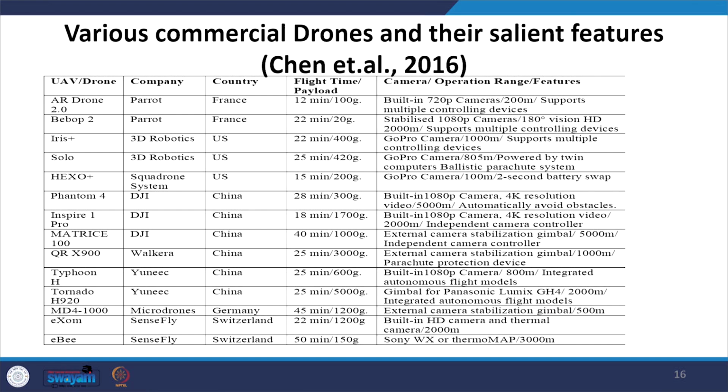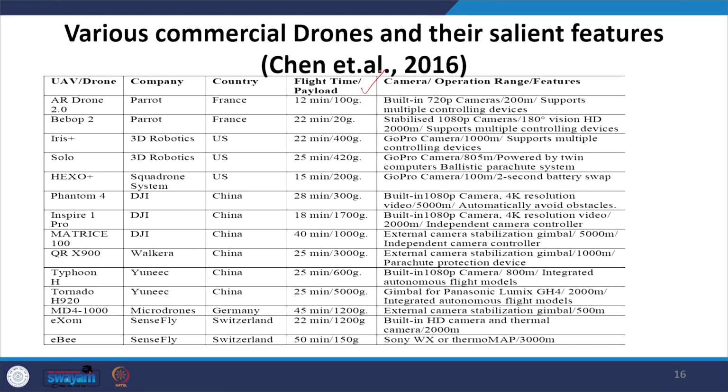Now, there are various commercial drones available worldwide in the market with their salient features. So, one has to see first of all what the application in hand is, for what purpose the drone is being used, and then looking at the specifications and characteristics of those drones, we must decide which one is better for us. But one thing is common here: when you look at the flight time and the payload, these have 15 to 30 minutes of flying time, which may not be sufficient to collect the data optimally.